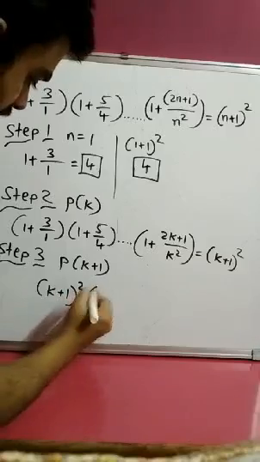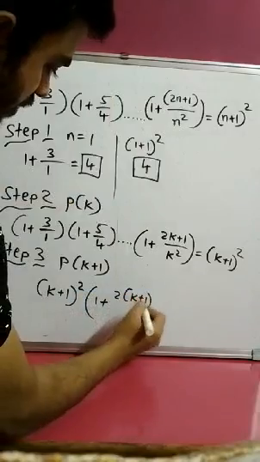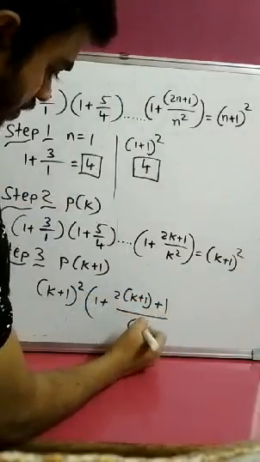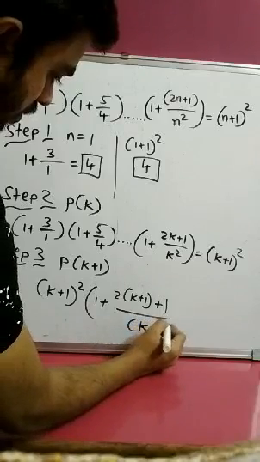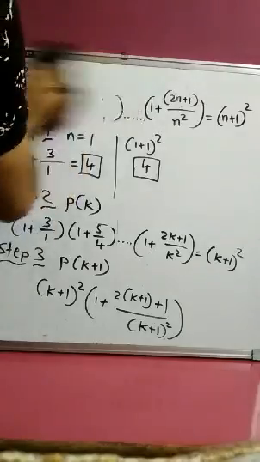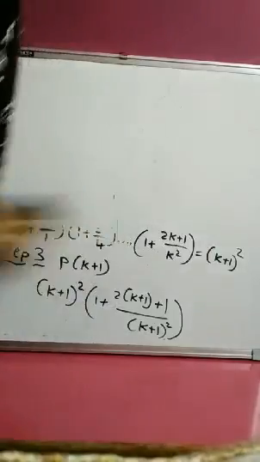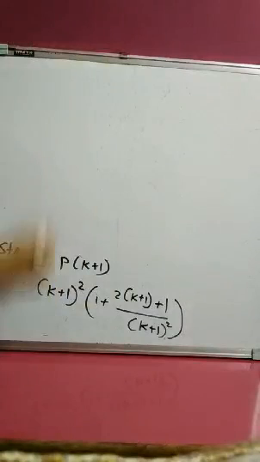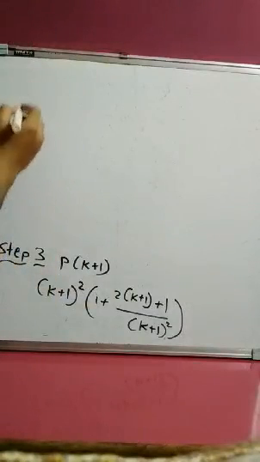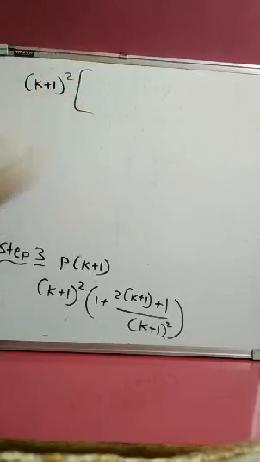Now multiplied, 2 into k plus 1, so k plus 1 whole square as it is.